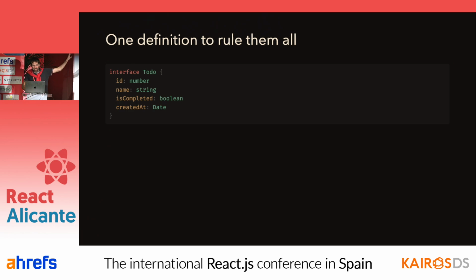We had this initial TypeScript definition, okay? And if we think about it, the problem here is that we are using different solutions, we are considering different problems, but they are all related to our data definition. So why are we using different things when we are dealing with only one thing, our data definition?